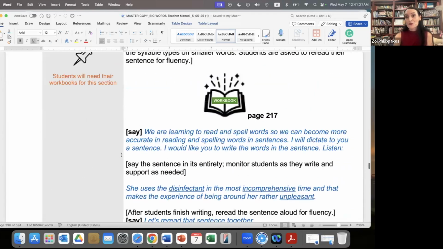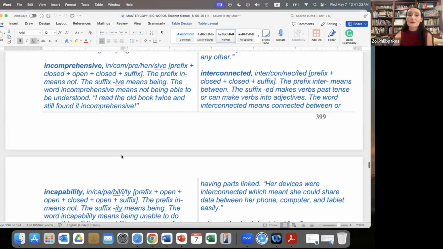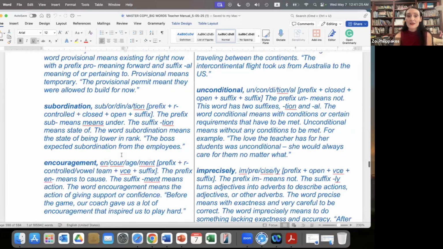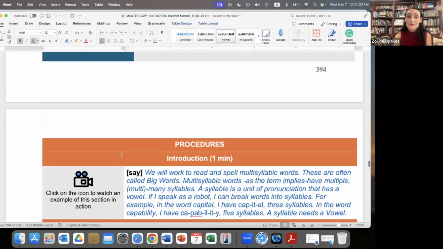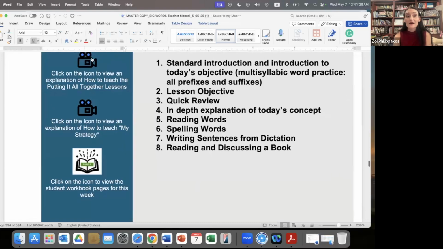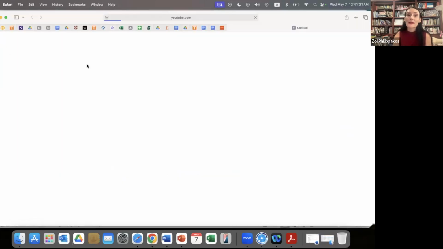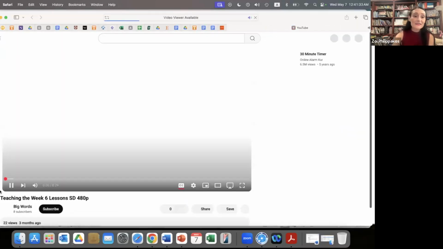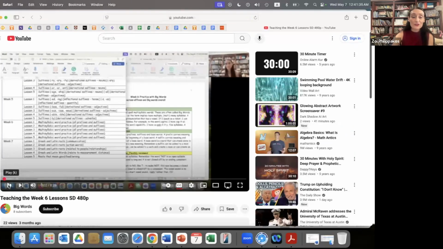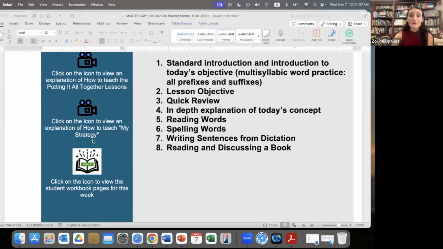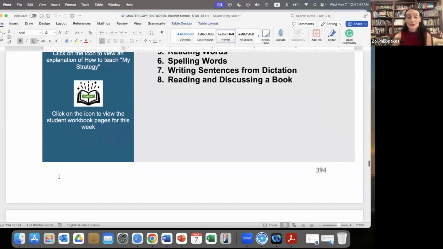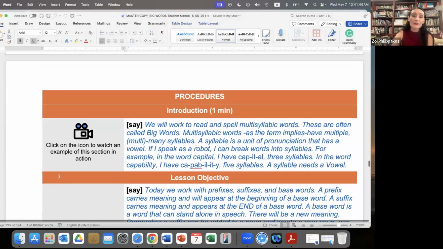Something I would like to also show you, as I said earlier, is that within each one of the lessons, we have provided little clips. So you will have the video at the very beginning that will be explaining what this task is, how do you do it, how do I teach the words. Then you will have the how do I teach my strategy. Then you will have the student workbook for this week and how it connects.